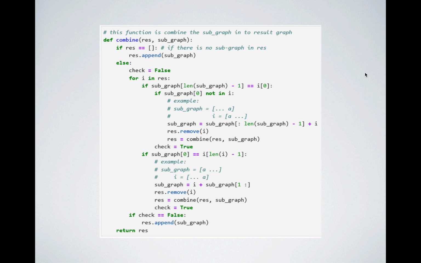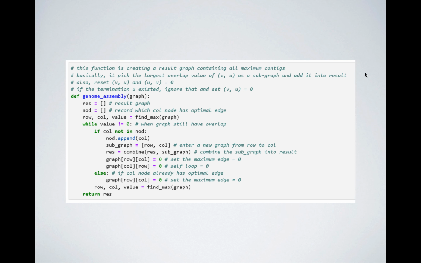The third function is combining the subgraph into the result graph. We use multiple if statements. At first, we use the if statements to get the picture clear, stating that if there is no subgraph in the rest of the function.